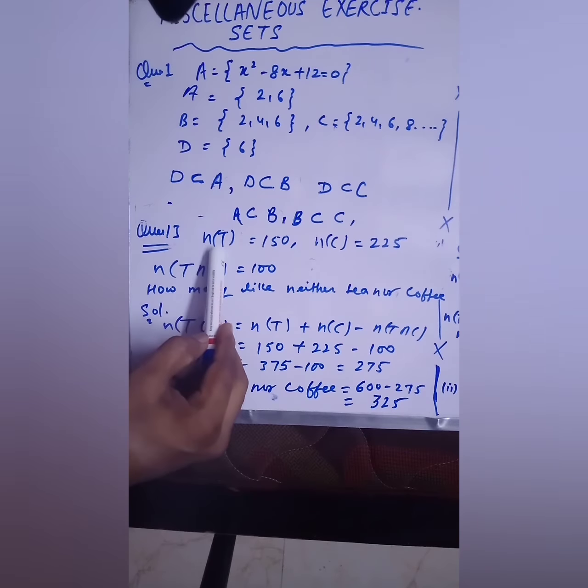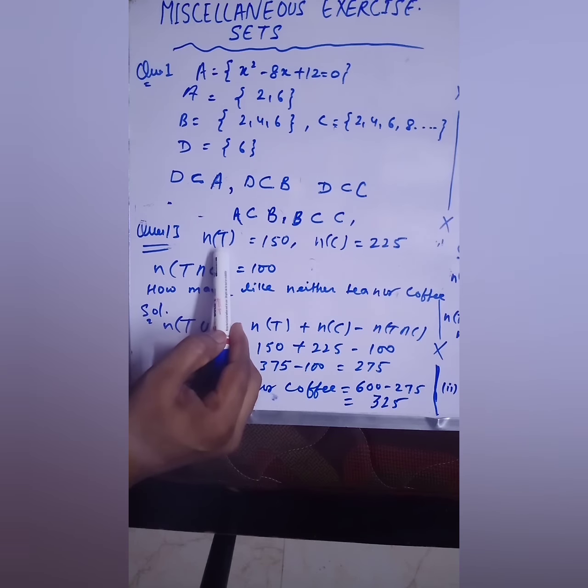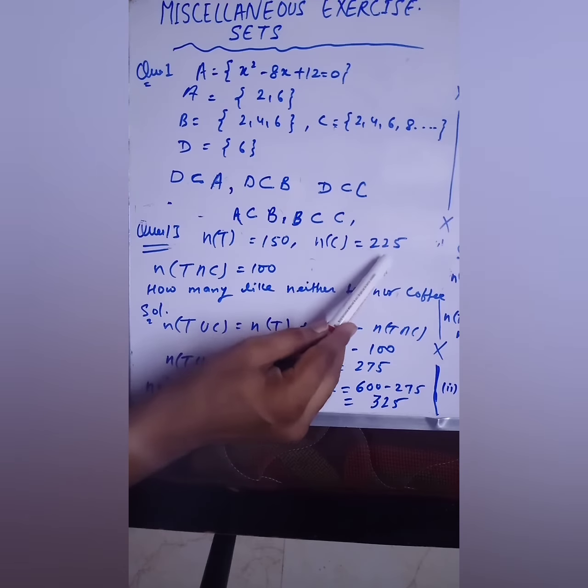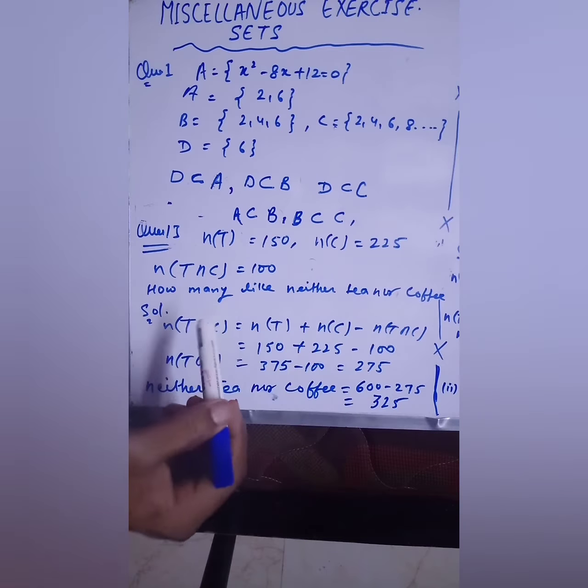I'm representing it with the symbol T. The number of students taking tea is 150, and the number of students taking coffee is 225. This data is given to us, and 100 were taking both coffee and tea.